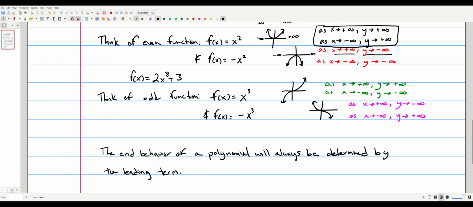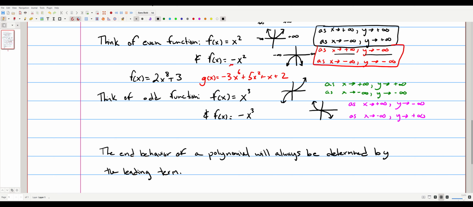And if I have g of x, but this one instead is equal to negative 3x^6 + 5x^2 + x + 2, because the leading term here is even, just like 2 is, but the coefficient is negative, just like the downward facing parabola, the end behavior of this function is going to match the downward facing parabola.